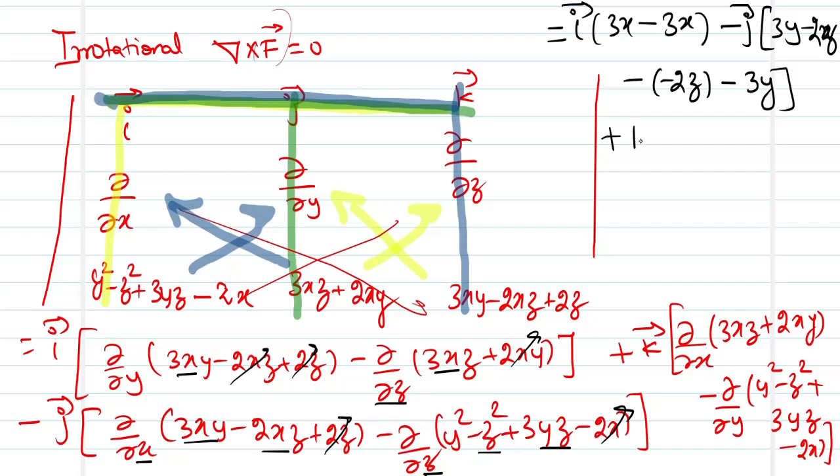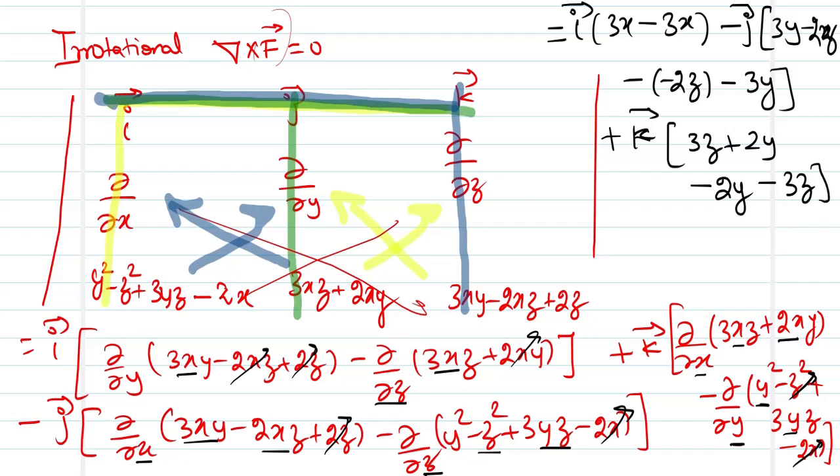Next, with respect to k, we have k times of, with respect to x, this contains an x, so this becomes 3z, this contains an x, so you will have 2y. This with respect to y on differentiation will give me minus 2y, this doesn't contain a y, this has a y, so you will have minus 3z, and this doesn't contain a y, so it vanishes.